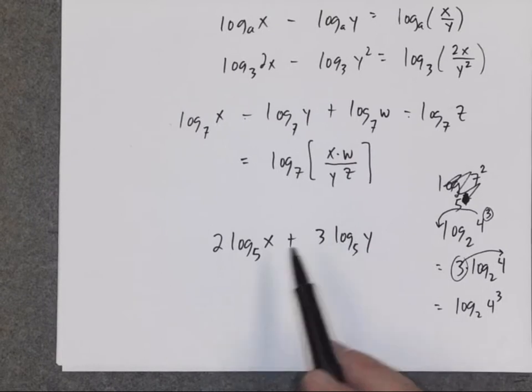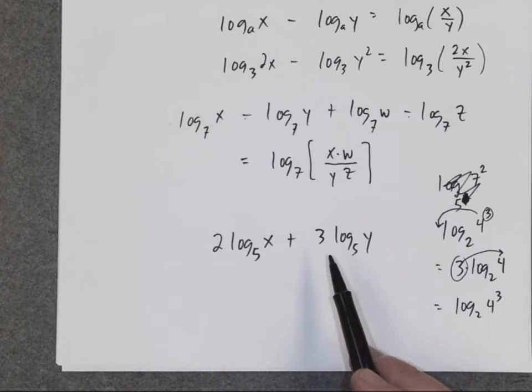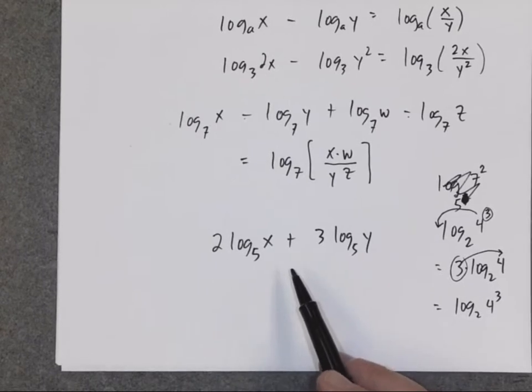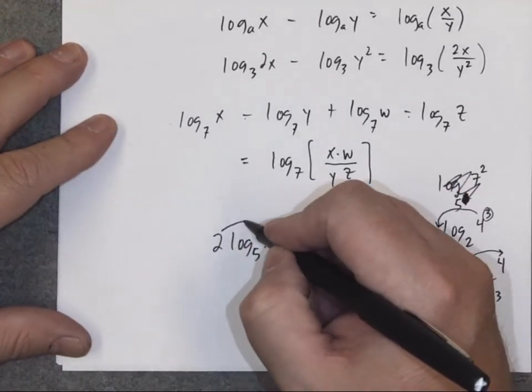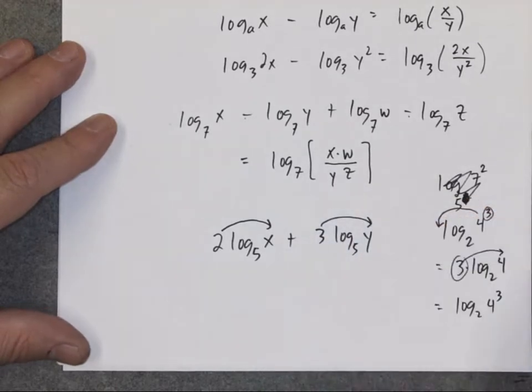I cannot combine these log terms with these numbers or coefficients in front of the logs. However, I can get rid of them, or at least move them or change the form. I can move the 2 up here, and move the 3 up here.